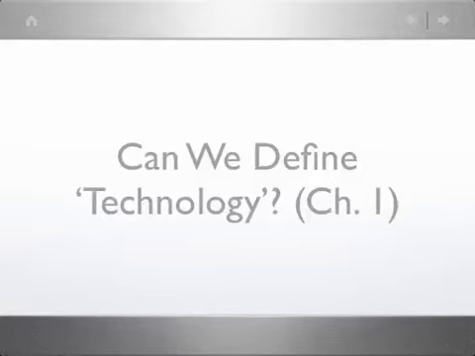I'm not sure that he ever really settles on a particular definition of technology, though, or says, in the end, this is how technology is defined. So you probably shouldn't really look for that per se.